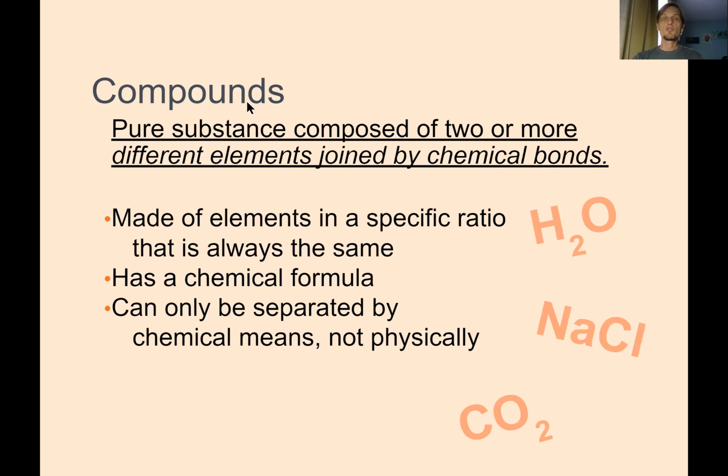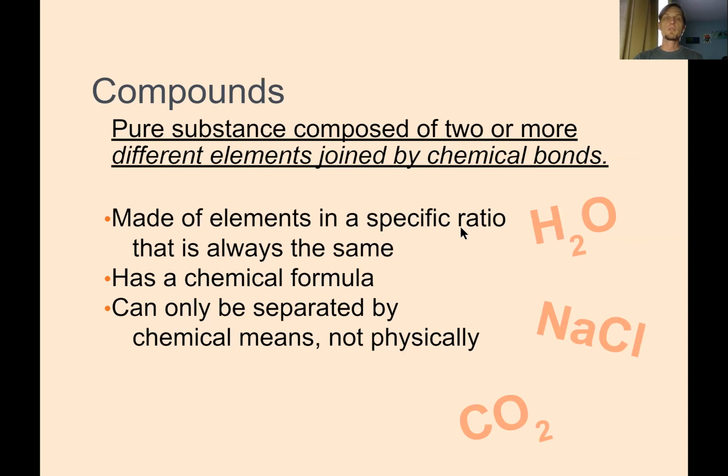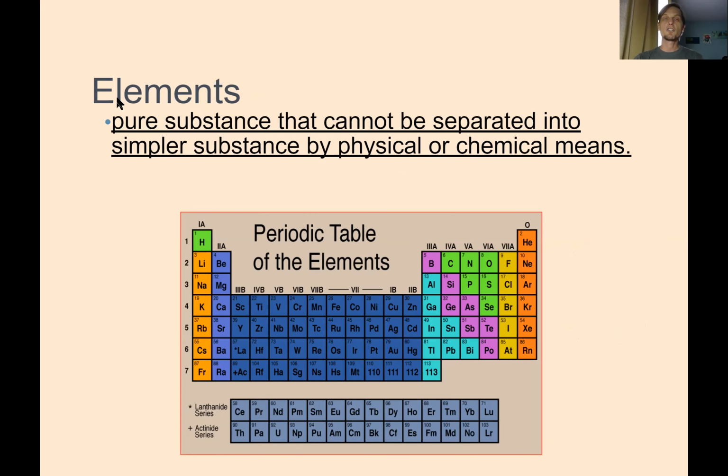Now, compounds will have 2 of these elements. Water, for instance, has hydrogen and oxygen, number 1 and number 8, combined as one kind of molecule. A glass of water is filled with H2O, which is the chemical compound of hydrogen and oxygen. So it is a pure substance, but it's called a compound, not just an element.